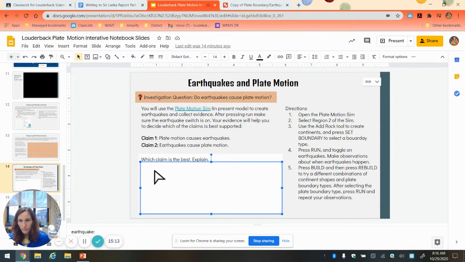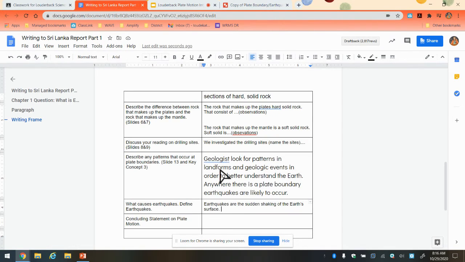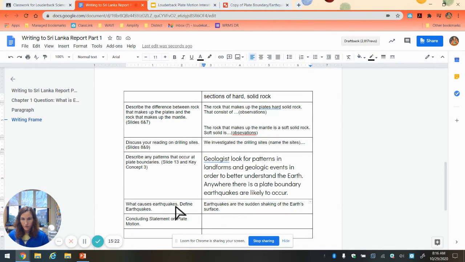So if I had written my sentence correctly here, plate motion causes earthquakes, because I'm going to copy and paste that into this structure as well. And I should also add slide 14 here for you, because that is a nice little hint there. Okay, so plate motion causes earthquakes.